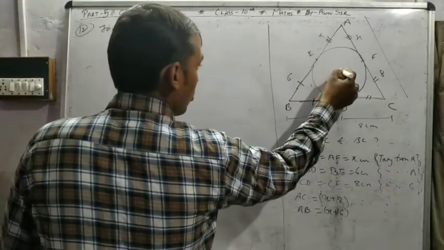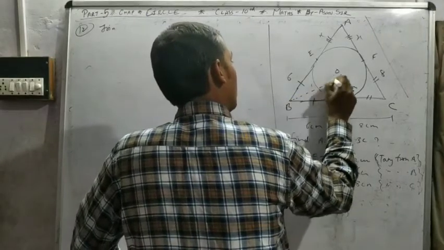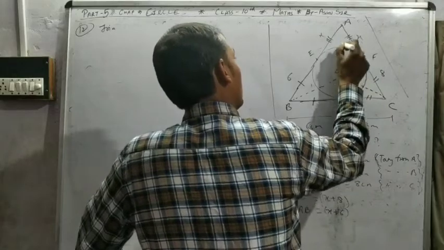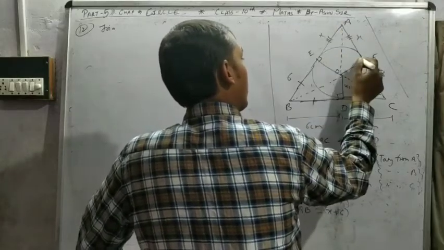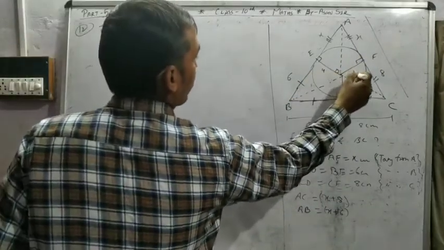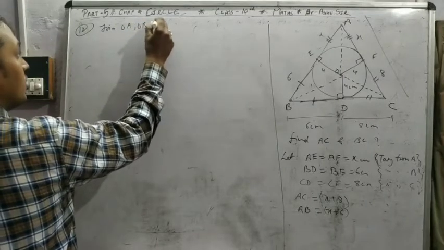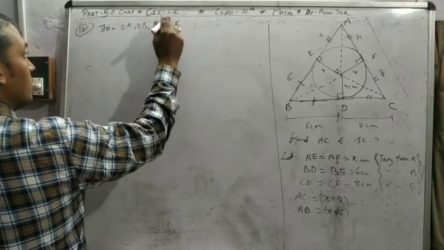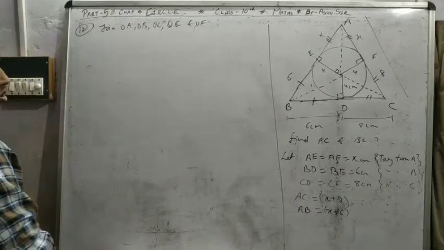Suppose this is O, join OB, OC, OA, and these are the radii, perpendicular, 4, 4. Join OA, OB, OC, OE, and OF.